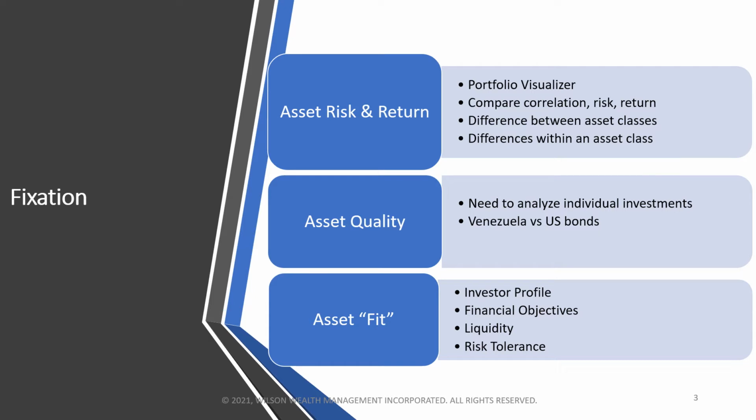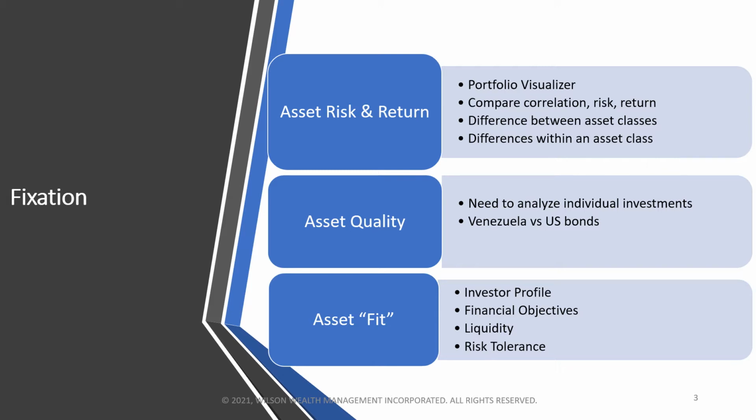The big thing to remember though with asset correlations is you need to compare the correlation with an asset's risk and return. Just because an asset has a negative or a low correlation with your existing portfolio, there's more to adding that asset than just the correlation. You have to look at the risk, look at the return.